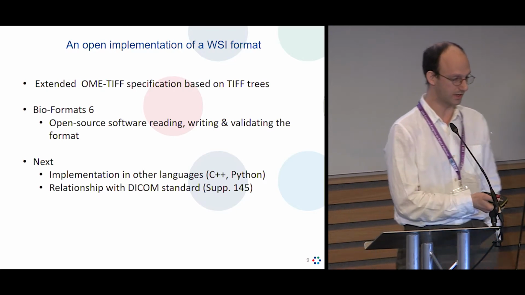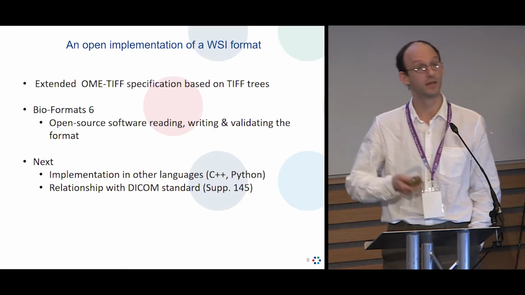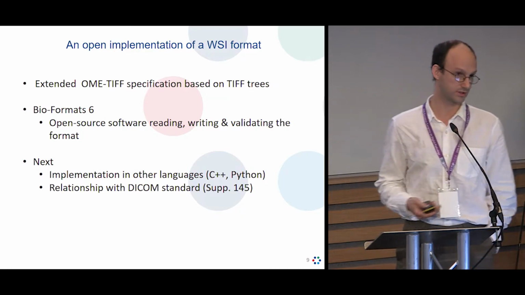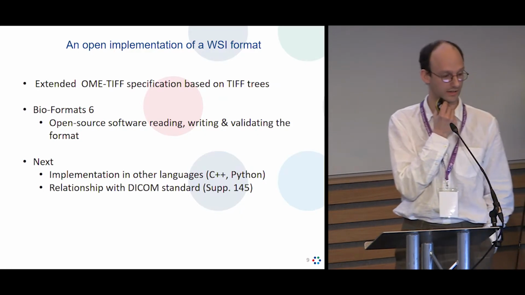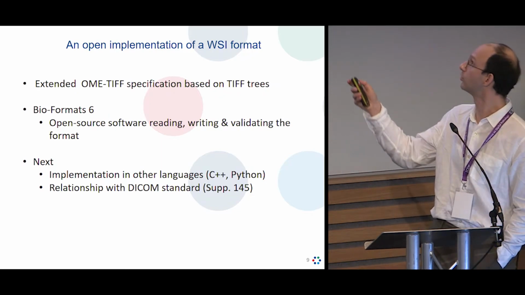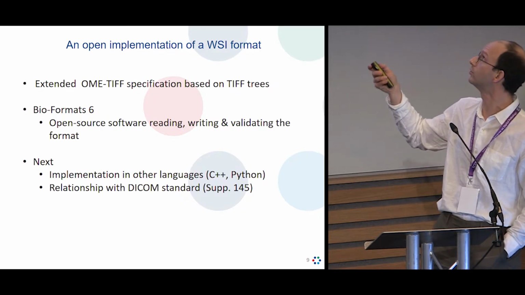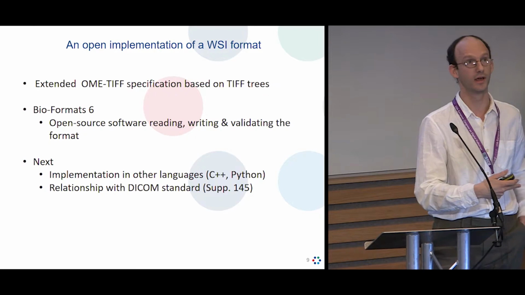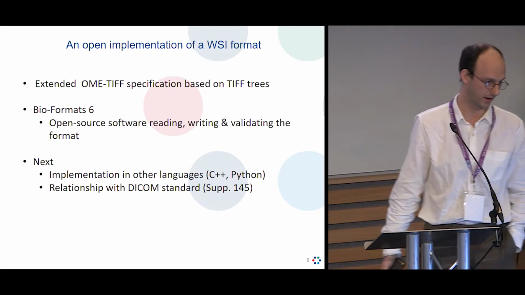So what exists today in an open source way is an extended version of the OME-TIFF specification, which uses some TIFF specification that was proposed back in the 90s, but also an open source reference implementation that allows anyone to read, write, and validate these files. So anyone who is using this library can actually just upgrade their software and benefit from reading these new files.